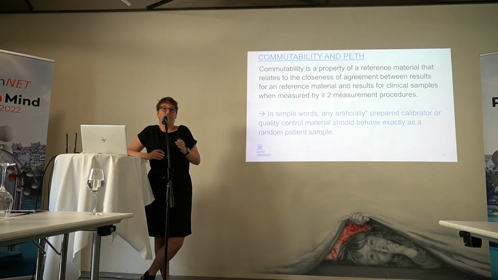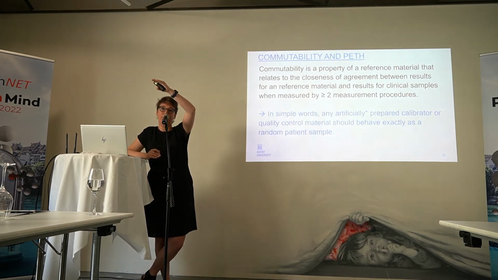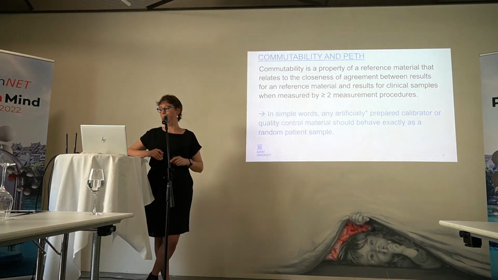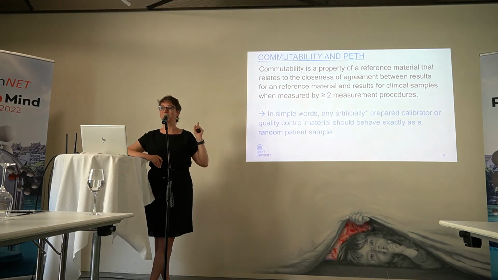We measure 40, 50, 60 true patient samples, so native samples, and then we add the calibrators or the QC materials we want to study, and then we check, with a regression line, whether these materials are within the variation of the patient samples, or outside, or even if within, whether they are all at the border, the upper border or the lower border. Maybe I should have added a picture of that, but I didn't.